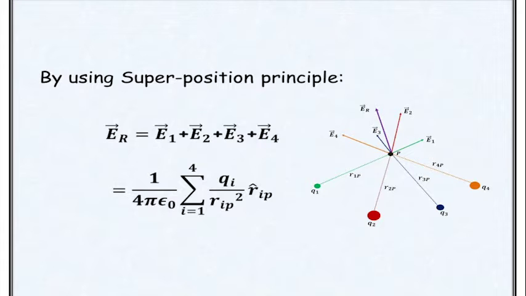So, by using the principle of superposition, when 4 charges are discretely distributed, we find the resultant electric field is E1 plus E2 plus E3 plus E4.